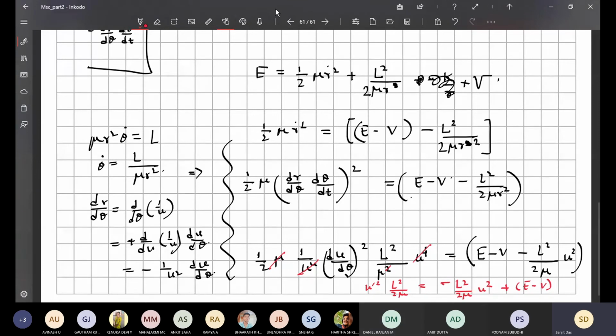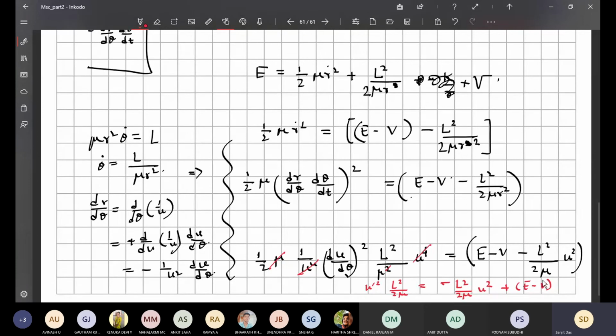Yes, sir, it's correct. So I can multiply both sides by 2 mu by L square, and this term will become 1. If I take the minus u square on this side, it will be plus u square, multiplied by 2 mu by L square.